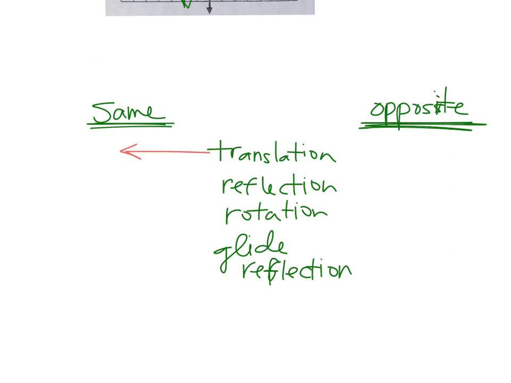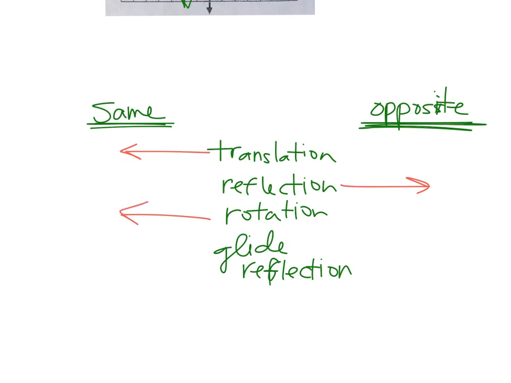What about a reflection? Has opposite orientation. You name one clockwise, then the other one's going to get named counterclockwise. What about a rotation? If I have my figure and I rotate it, when you name it, does it change the direction you name it in? It doesn't, right?